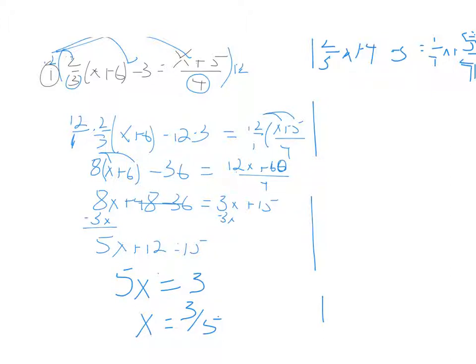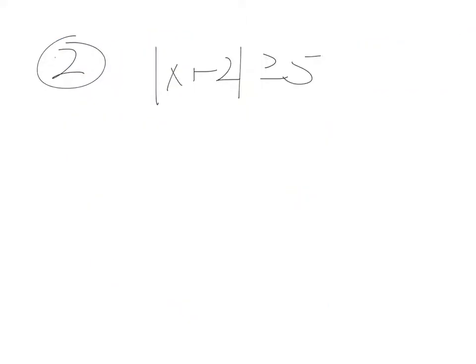I don't know what's going on with my pens today, but that's not good. You could have started with this, if you can actually read what that says, and then worked to get rid of those denominators, or gotten this a little bit simpler first. I find it easier to get rid of denominators at the beginning, and that's why we've been practicing this for the last few weeks.